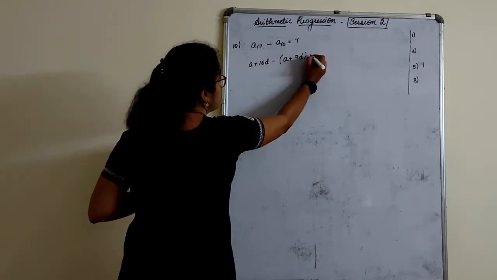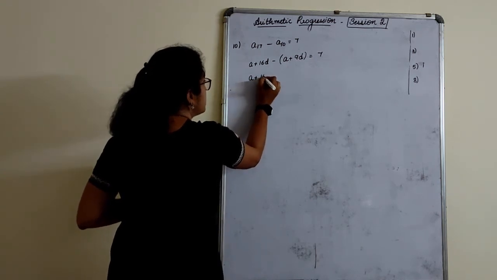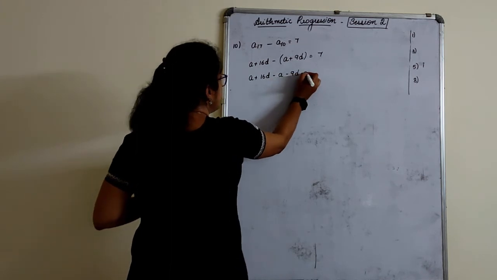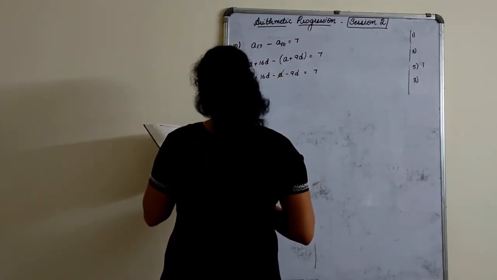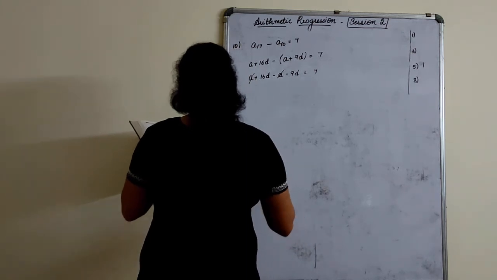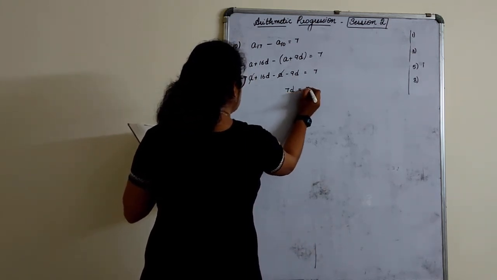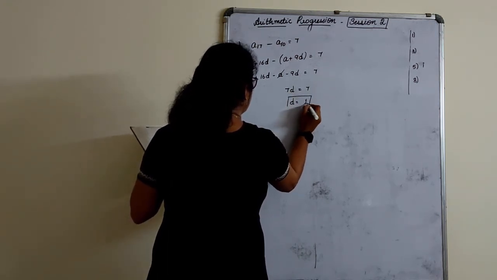Minus is there, so use bracket, is equal to 7. A plus 16D minus A minus 9D is equal to 7. A and A will get cancelled. So what remains here? 16 minus 9. 7D is equal to 7, where D is equal to 1.